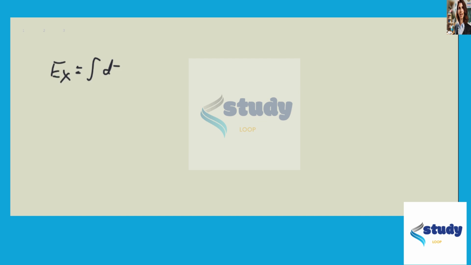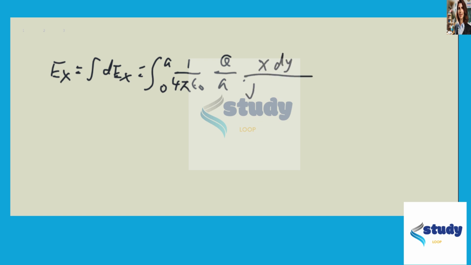So Ex is the integral of dEx, where the integrating range is from 0 to a. So it's 1/4 pi epsilon naught Q over A times the integral of x dy divided by (x squared plus y squared) to the power 3/2.